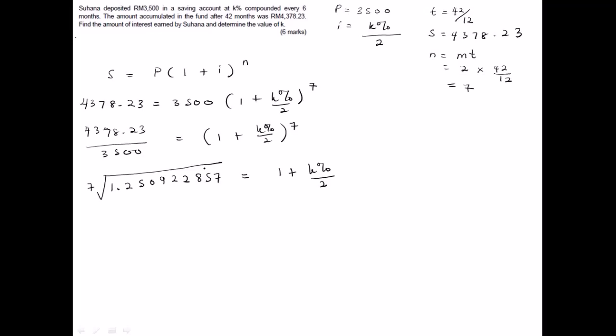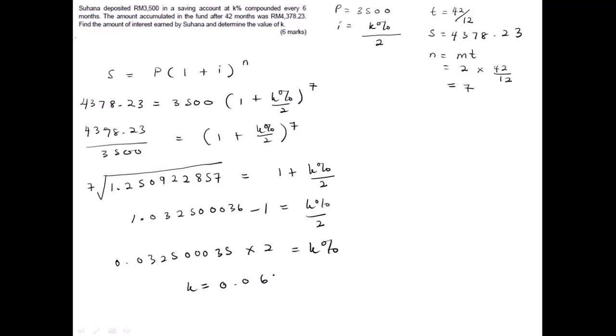Okay, so we take the root, the 7th root. We get 1.032500036 minus 1 equal K percent over 2. 0.032500035 multiplied by 2. We get 0.065.